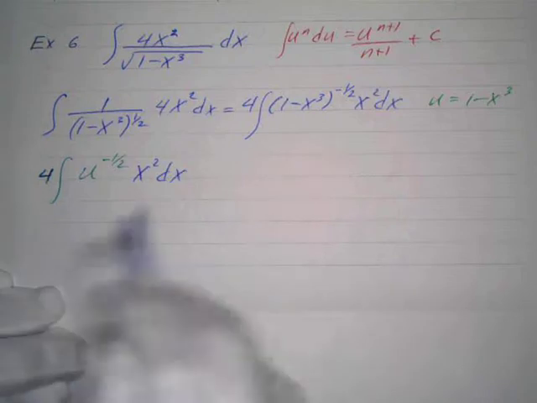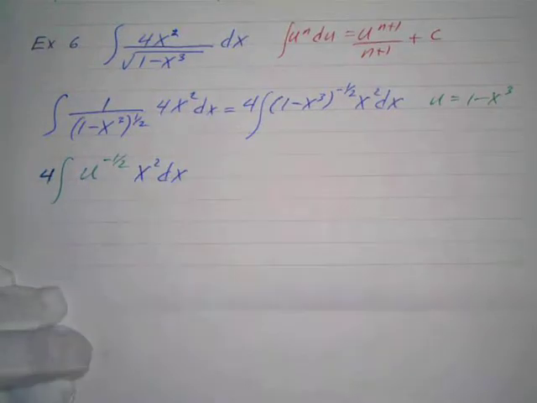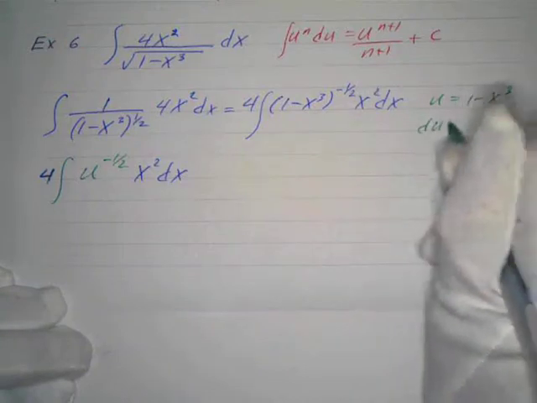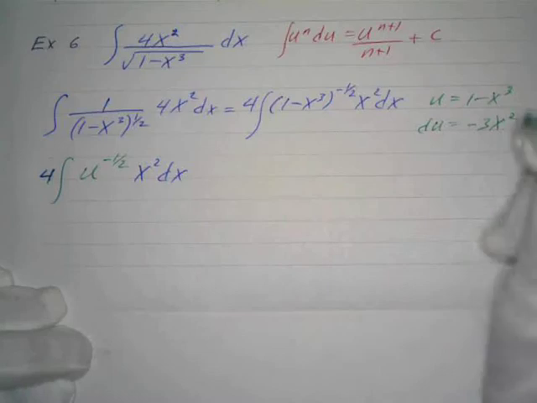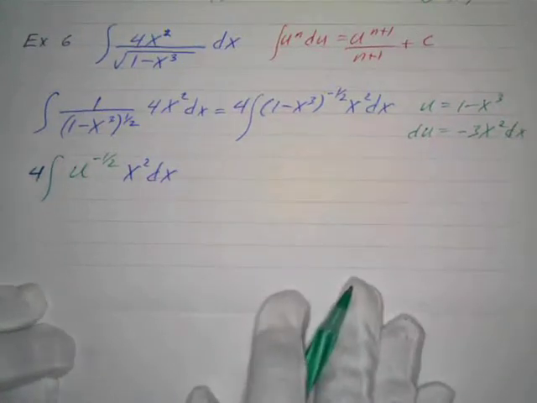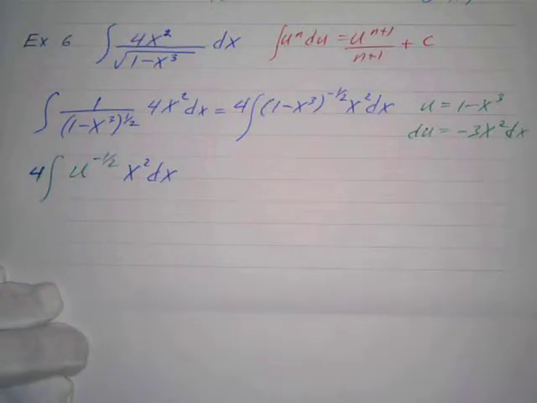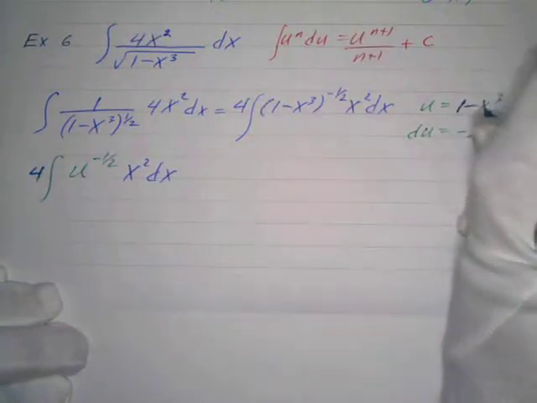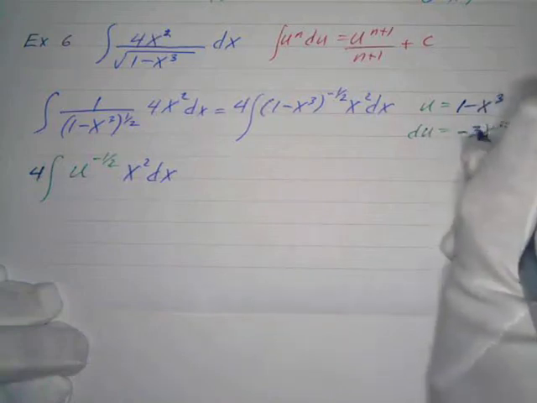Now again, our differential doesn't match our variable here, so we have to match that up. We need to get a du, so we'll go back over here and take the derivative of both sides. That's going to be du equals negative 3x squared dx. Sorry, this is supposed to be my x color.